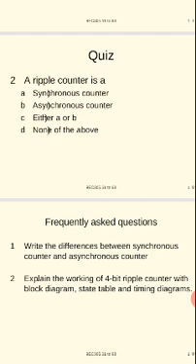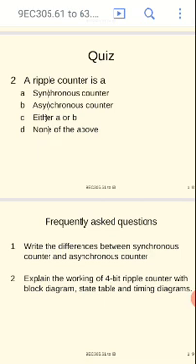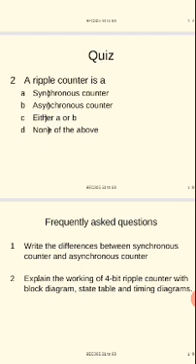Frequently asked questions. Write differences between synchronous counter and asynchronous counter.